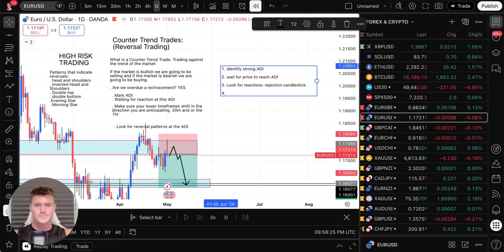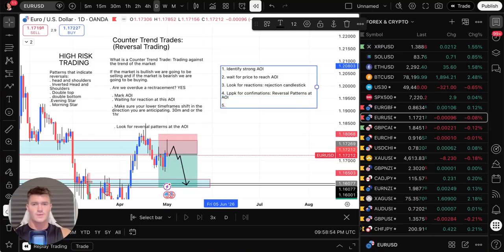Four, look for confirmations. For example, reversal patterns at area of interest.